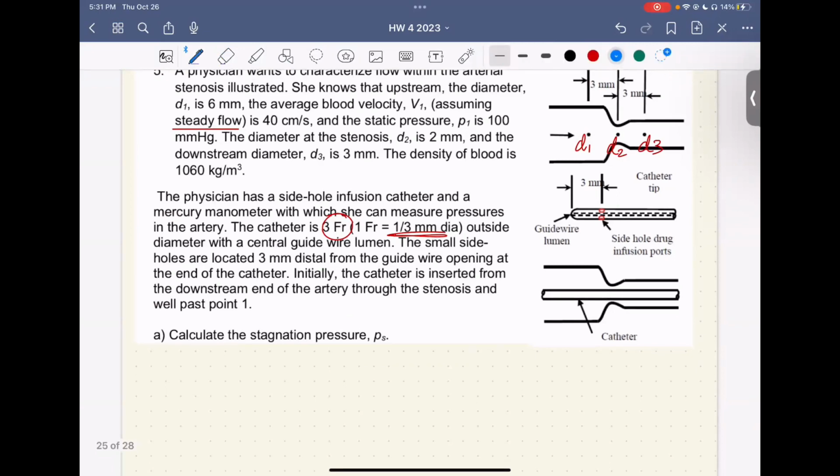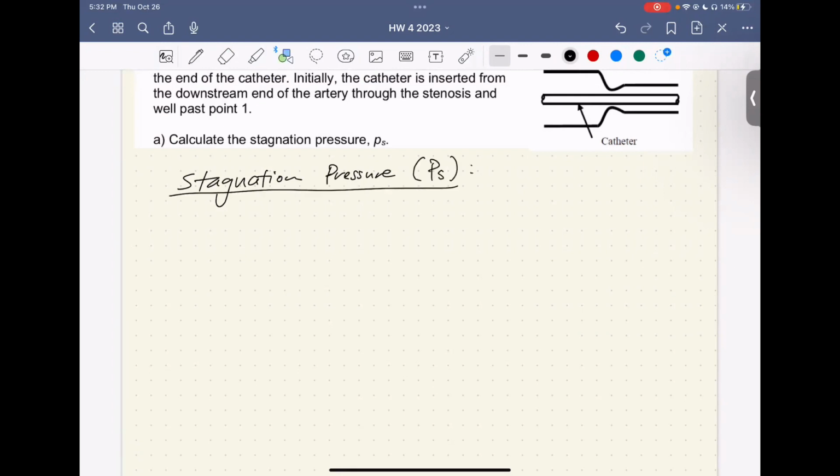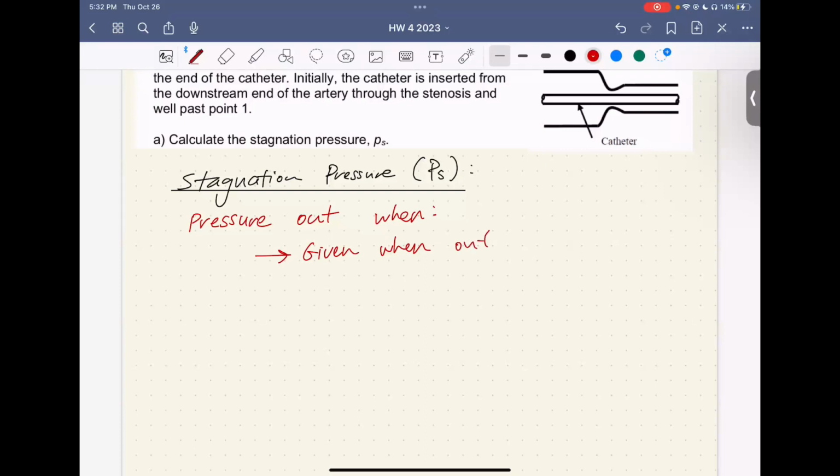What is the stagnation pressure, PS? Well, we know first that the stagnation pressure, PS, is given by the pressure when we have a simple condition here, when the outlet velocity is 0.